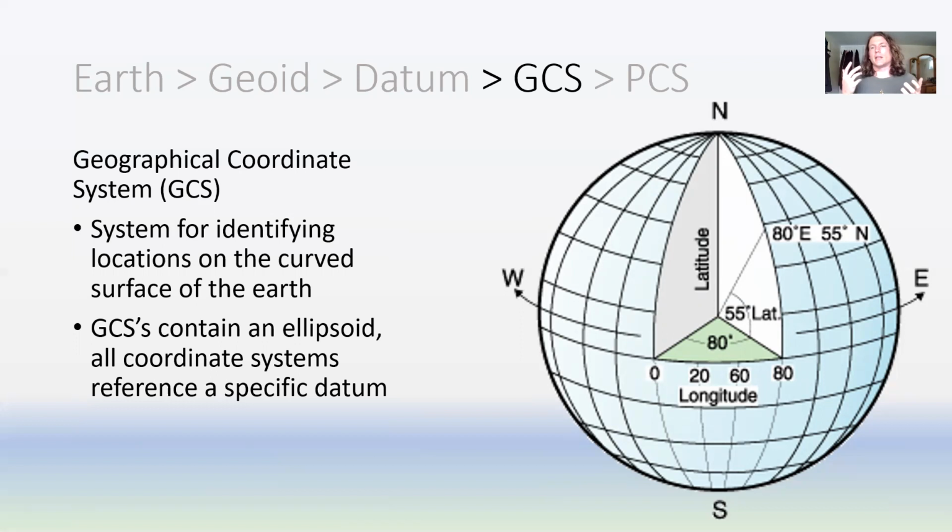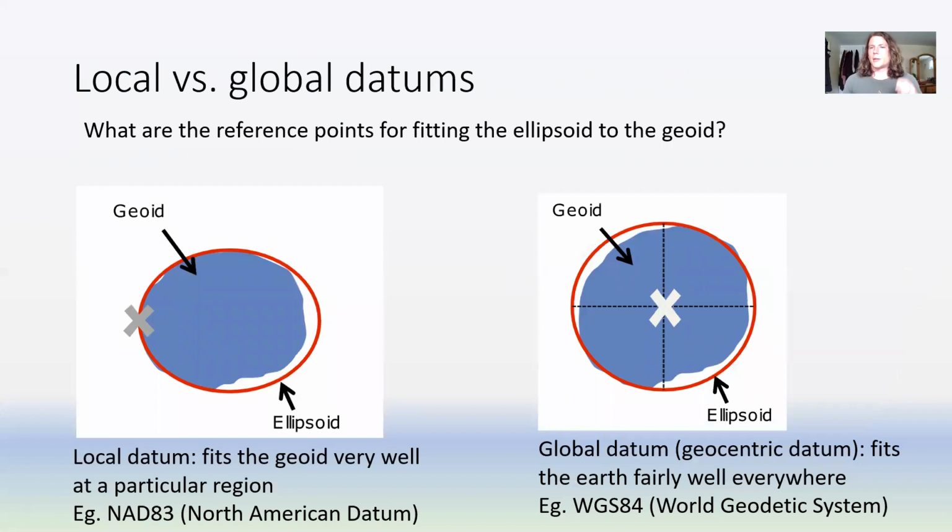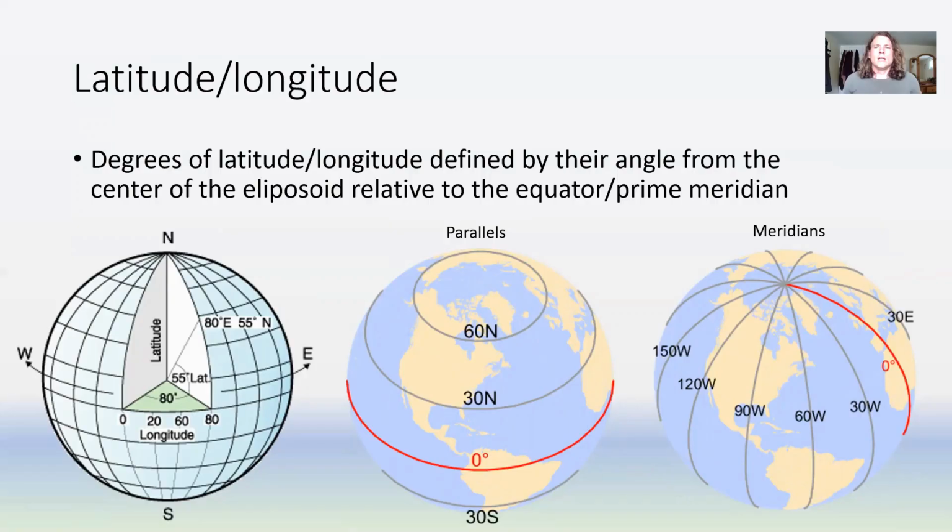Or you could have a global datum like the World Geodetic System 1984 and latitude and longitude linked to that. And again, it's kind of an abstract concept, but basically the key points to remember are the local versus the global datum. Each one can have latitude and longitude linked to it and used to represent the location on the surface of that datum.